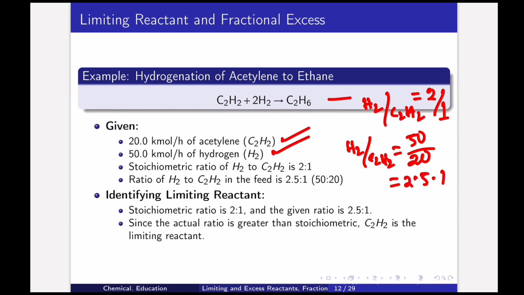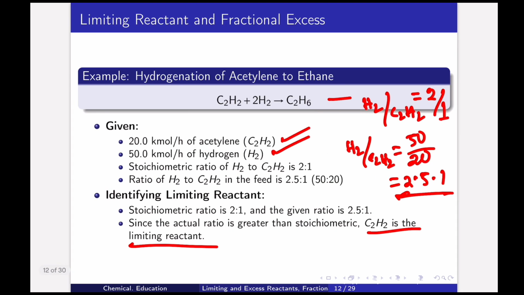From this ratio, identify the limiting reactant. The stoichiometric ratio is 2:1 and the given ratio is 2.5:1. Since the actual ratio is greater than the stoichiometric, C2H2 is the limiting reactant. You can see that hydrogen is in excess and C2H2 is the smaller amount, so it is the limiting reactant.